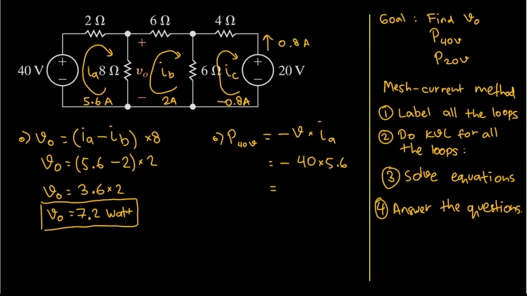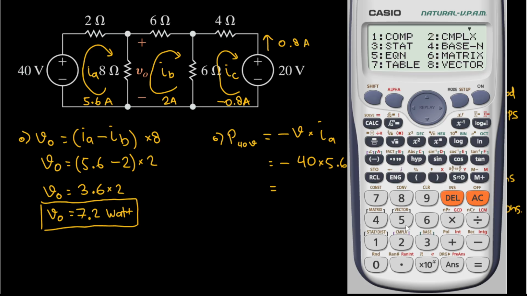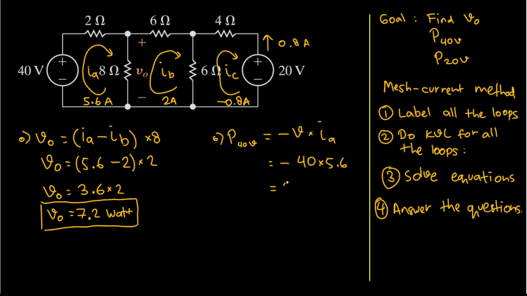And I think I just use calculator for that. So 40 multiplied by 5.6, that will be 224. And the unit will be in watt, right? So we have watt, and do not forget the minus sign. It is delivering the power. So we'll have that one. So we have P40. Okay, that is the result that we wanted.